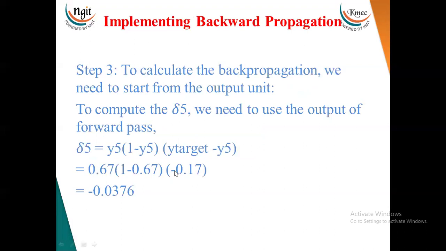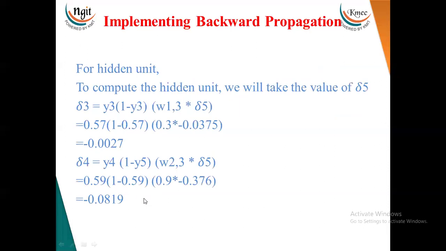If you substitute here, we have to calculate delta, using the input from the forward pass. So y5 times 1 minus y5 times target minus y5. I got 0.67, and 1 minus 0.67, into the error, minus 0.17. So I'll get minus 0.376.